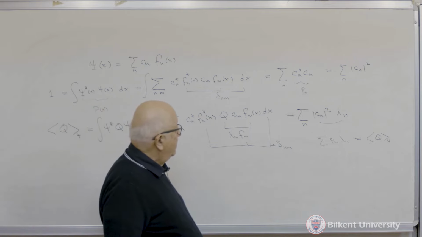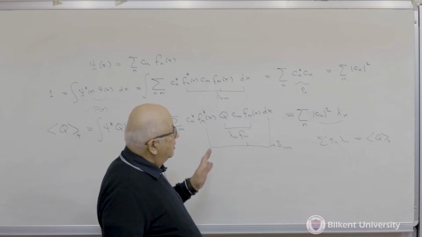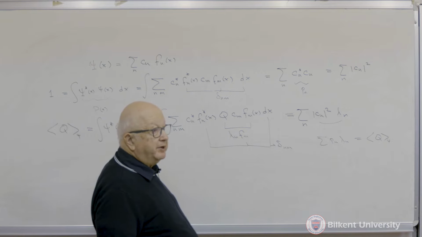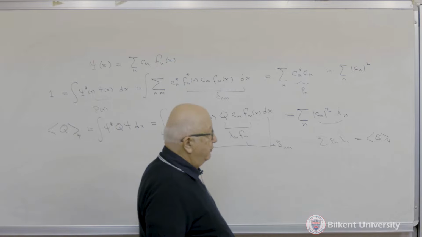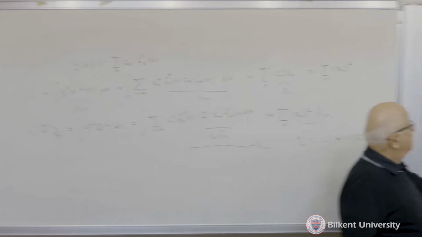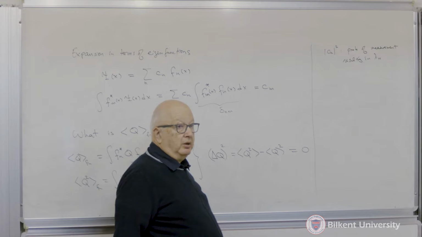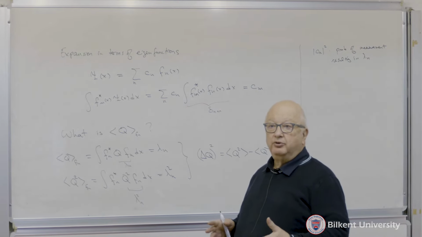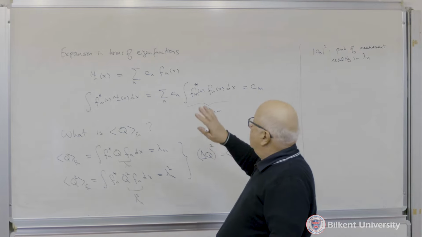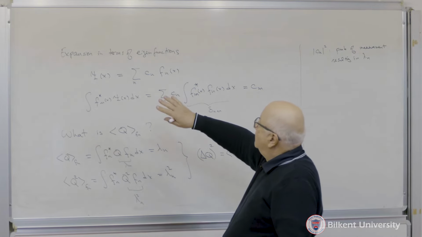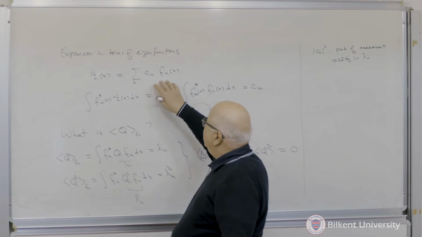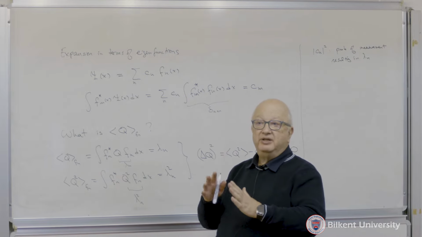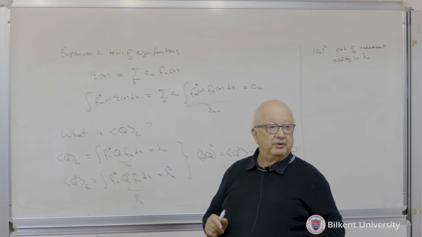All right. Now, in all of these expressions, I have used these summations. So all of these things correspond to a system which has a discrete set of eigenvalues and a discrete set of eigenfunctions.